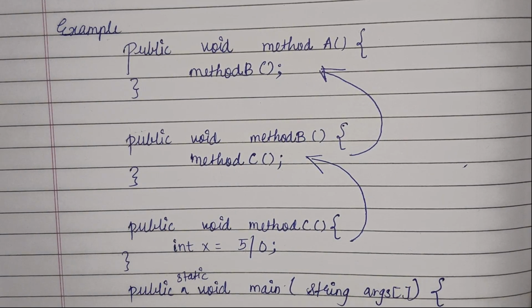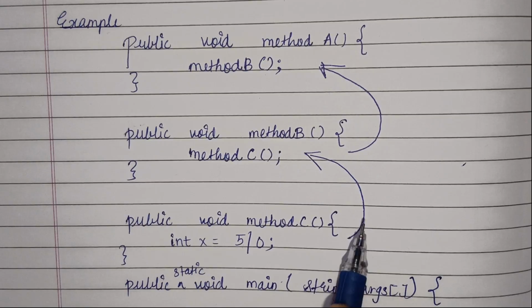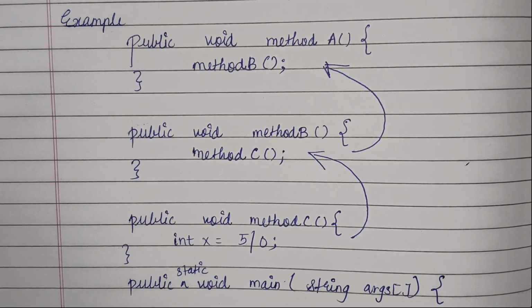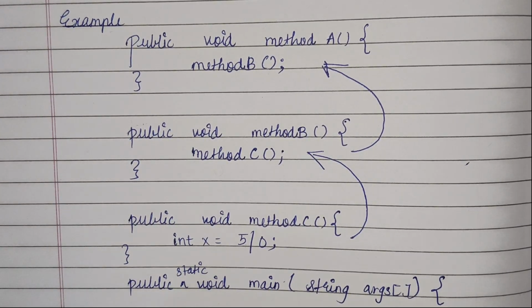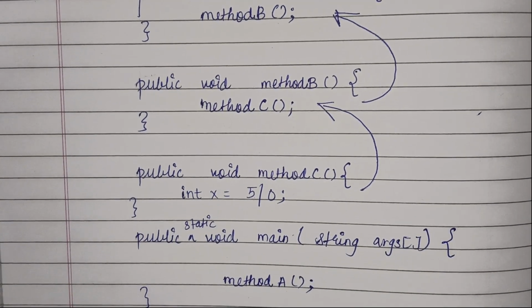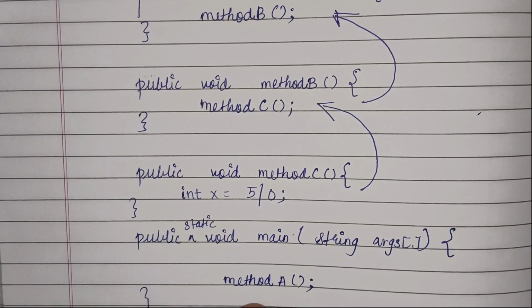Now A method also has two ways, where either it will handle this exception by using the try and catch block, or it will pass the exception to its caller. Suppose A method has also passed this exception. Now the A method we have called in the main method. As you can see, the A method has been called from here.